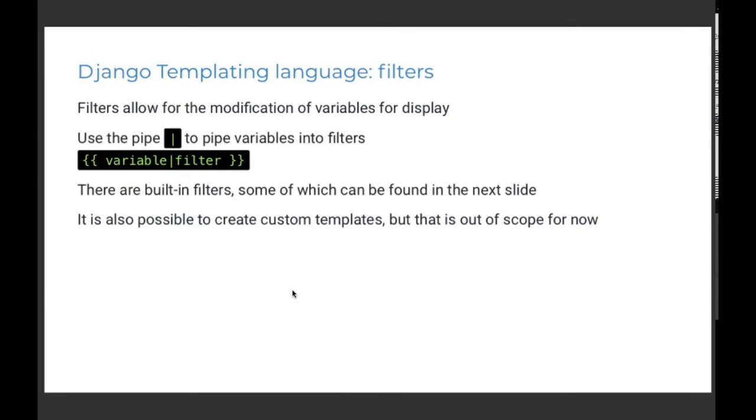Okay, so filters, meanwhile, are special functions, if you can think of it that way, that allow for modification of variables for display. Essentially, you are piping these variables into filters using the pipe symbol. There are built-in filters, some of which I will be showing you, but it's also possible to create your own custom filters.